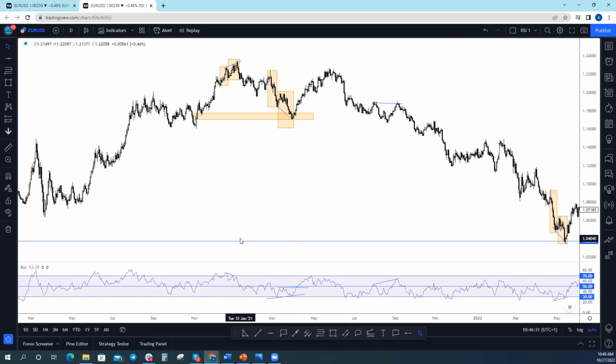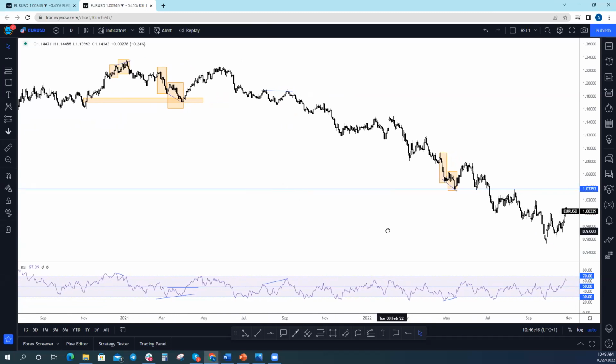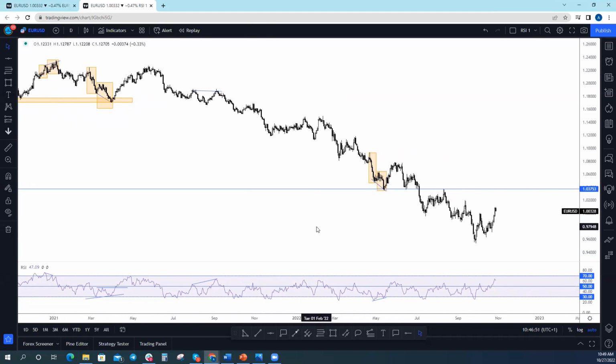But if you use the stochastics on the H1 for more confirmation, more power to you, because that could potentially be a good strategy to use. So yes, you could use trend lines, you could use supply and demand as I used here at decision points, and things like that. It's up to you to test this. It's up to you to backtest this.